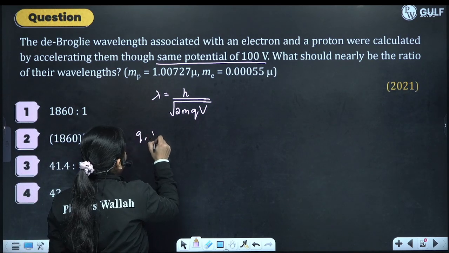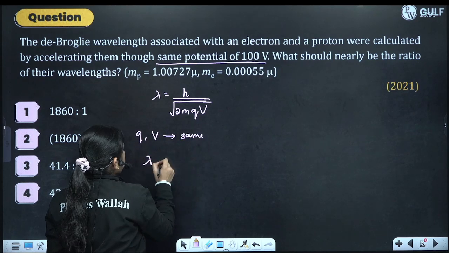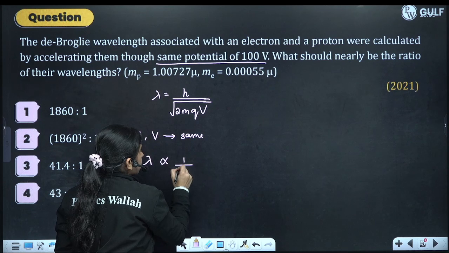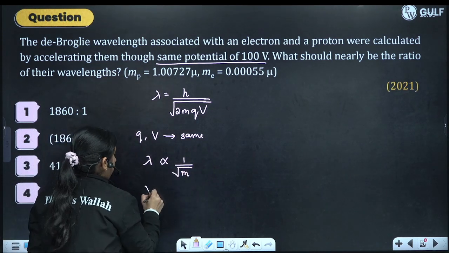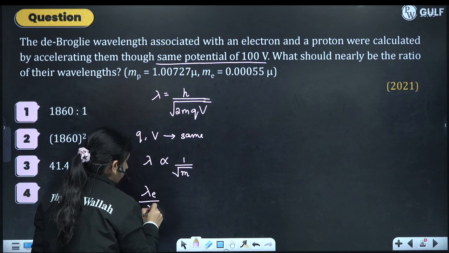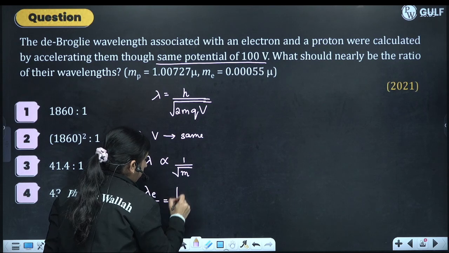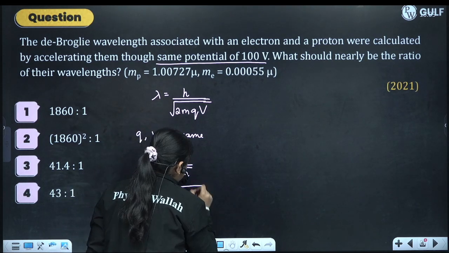So Q and V are same for both. So lambda is inversely proportional to root of m. So from here, lambda electron by lambda proton will be equal to under root of mass of proton by mass of electron.